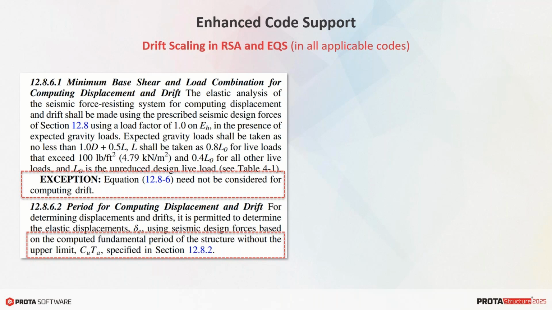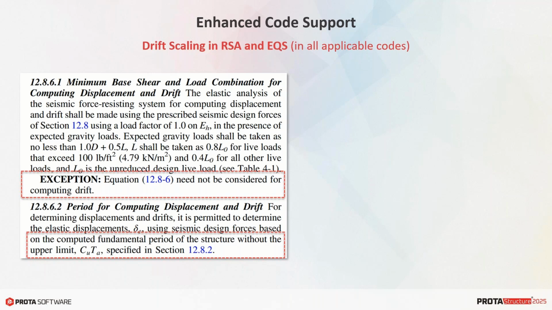So when a response spectrum analysis is performed, the forces and displacements are magnified with different scale factors. ProtaStructure will now more elaborately consider the seismic code clauses that outline the scaling and limitation of drifts.